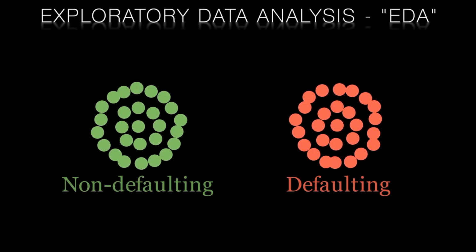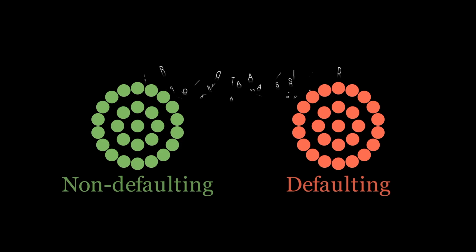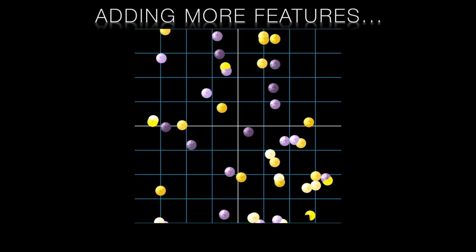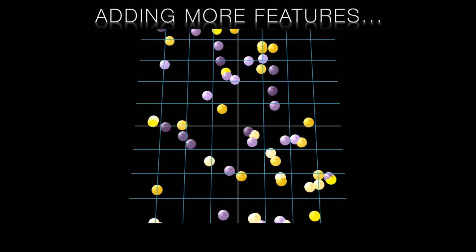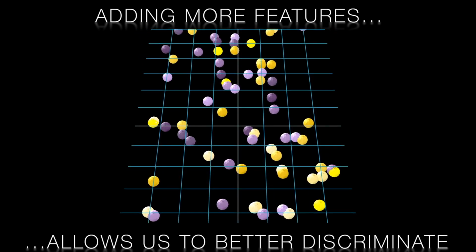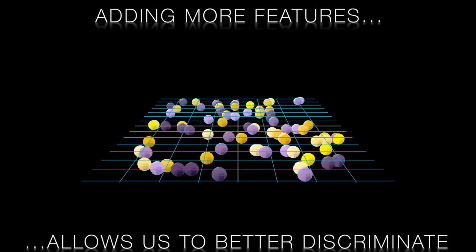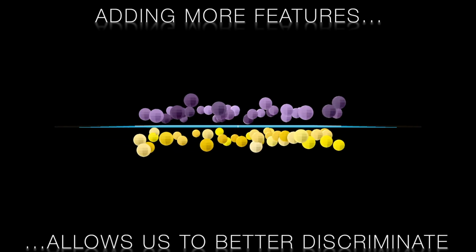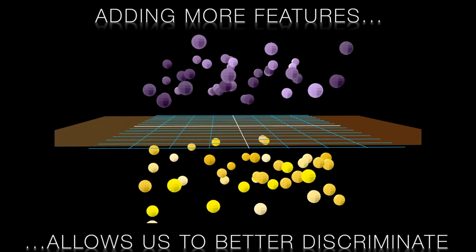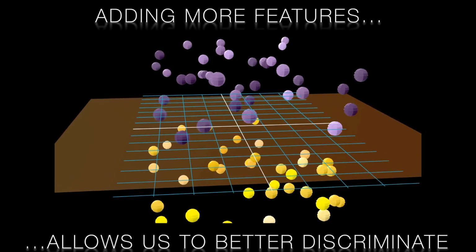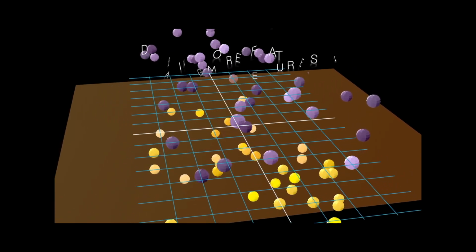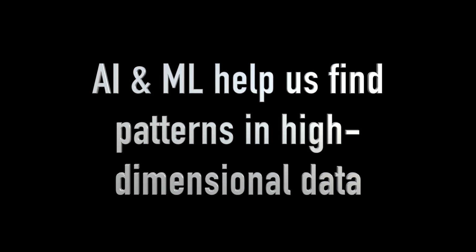But as we add more features to our analysis, we can become more discriminating between the data and begin to understand that decision boundaries between defaulters and repayers exist. Clearly, it's difficult for us to visualize data in more than 3 dimensions, and 3 parameters is rarely enough to enforce strong decision boundaries. But this is exactly why we use support vector machines and other AI techniques.